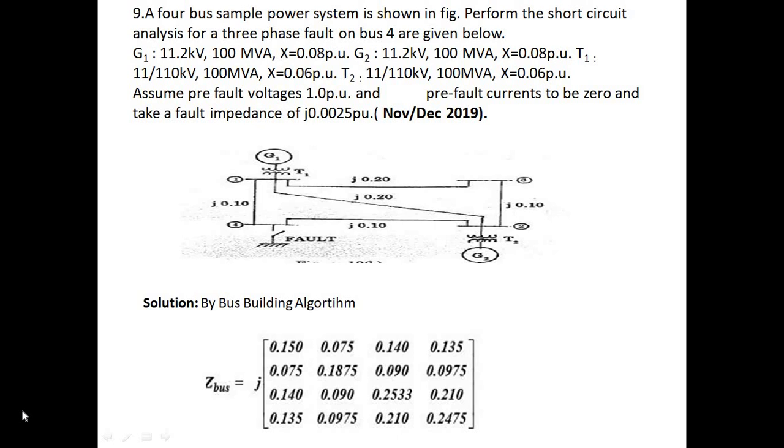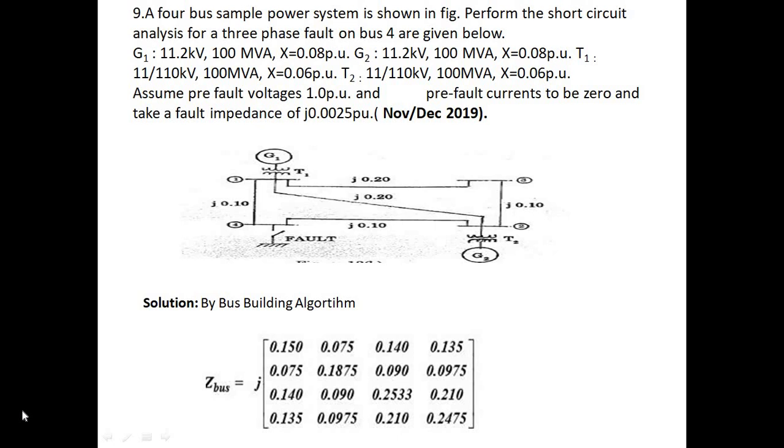Perform the short circuit analysis for a 3-phase fault on bus 4. The data are given below. G1 is 11.2 kV, 100 megavolt ampere, X equal to 0.20 per unit. G2 is 11.2 kV, 100 megavolt ampere, reactance equal to 0.08 per unit. Transformer T1 is 11 divided by 110 kV, 100 megavolt ampere, reactance equal to 0.06.